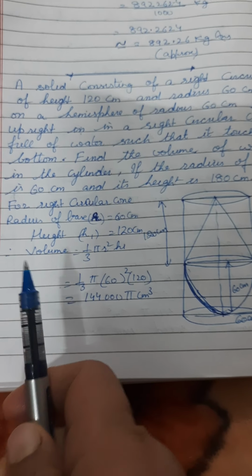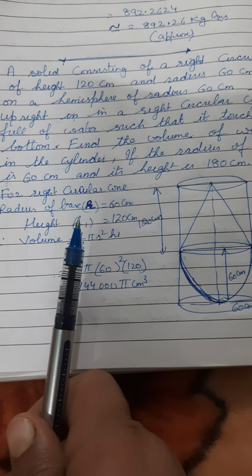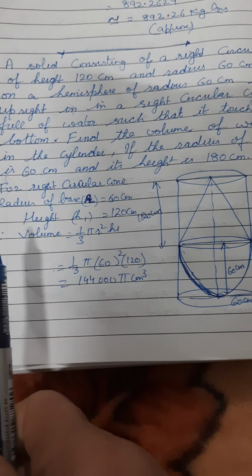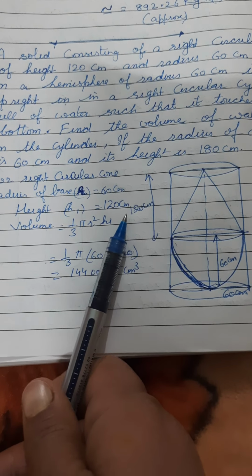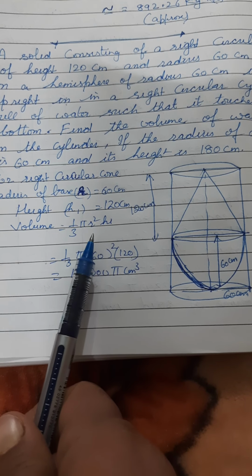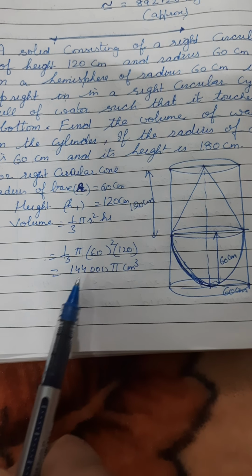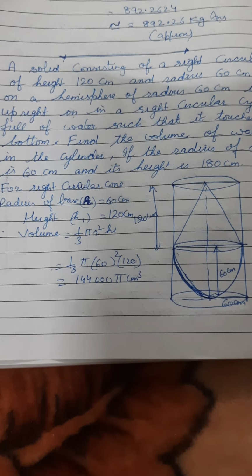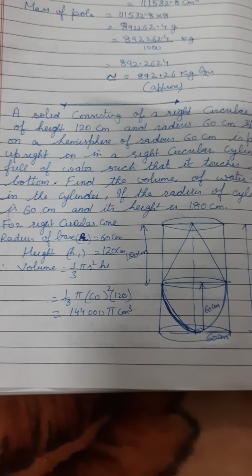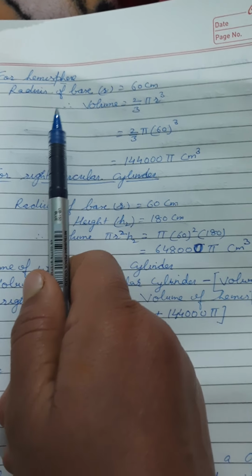Now for that, see here, for right circular cone, radius of base 60 centimeter, height 120 centimeter, volume is 1 by 3 pi r square h1. We put the values and we get 144,000 pi cubic centimeter as the volume of cone. Then we find the volume of hemisphere.